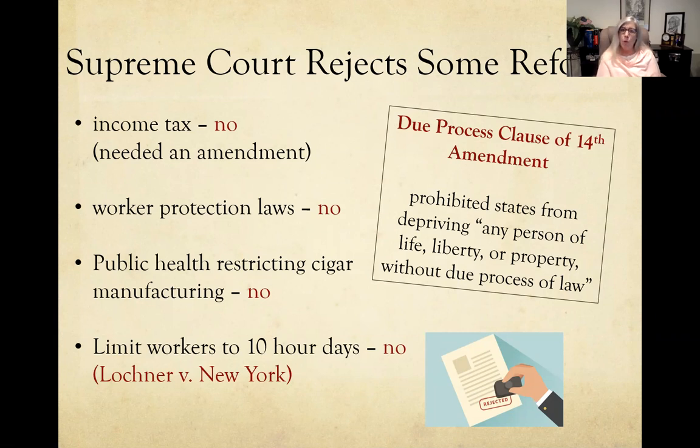So if we think about it, why would the Supreme Court really just be anti all of this reform? Well, we need to think back about how Supreme Court judges get on the court. Aren't they appointed by presidents? And they serve for their whole life. So the bulk of these judges who were on the court in the 1890s probably would have been appointed by Republican presidents, because if we go all the way back to Abraham Lincoln, there's only been 2 Democratic presidents since Abraham Lincoln.